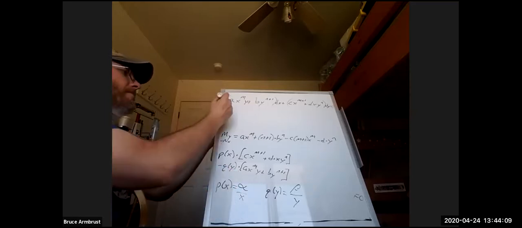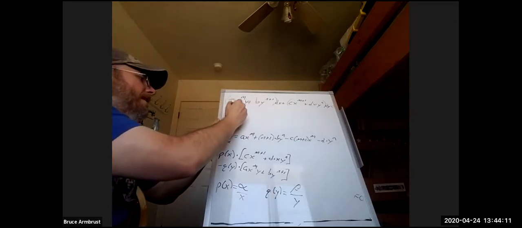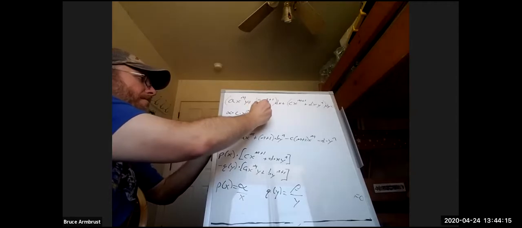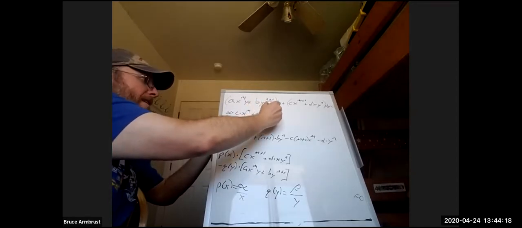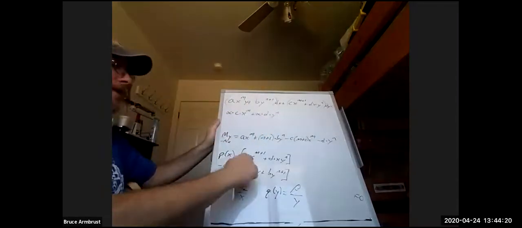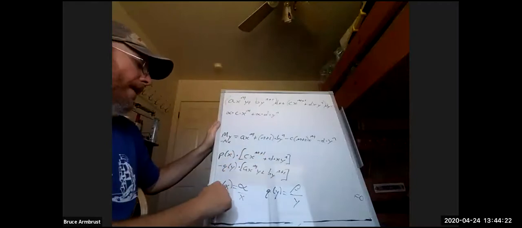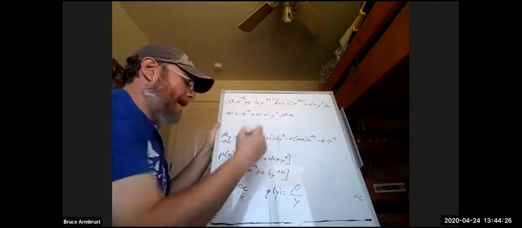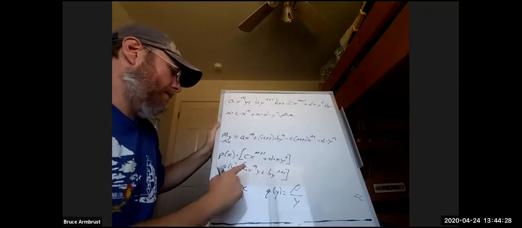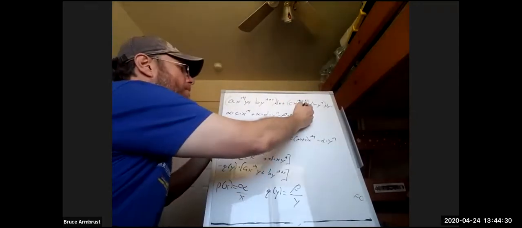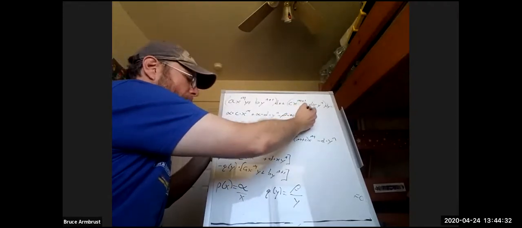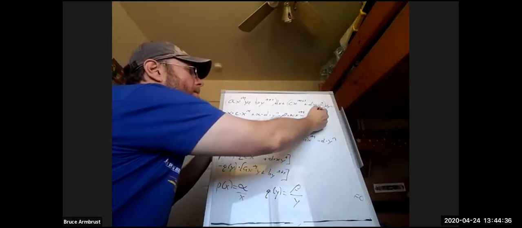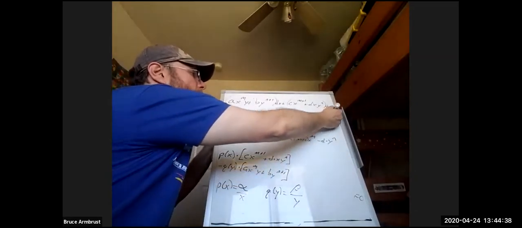to get alpha times c times x to the m plus alpha times d times y to the n, and then we're going to get minus beta times a times x to the m minus beta times b times y to the n.